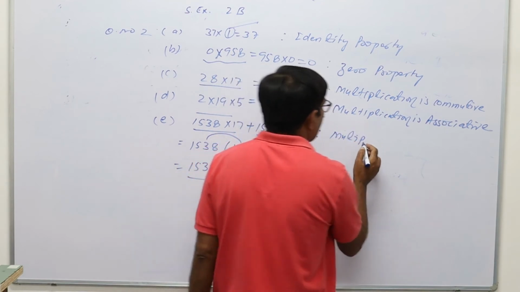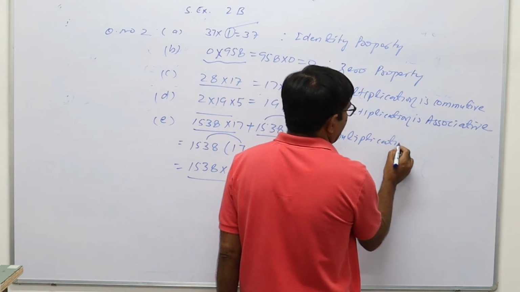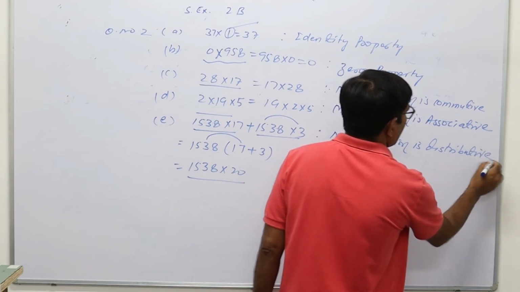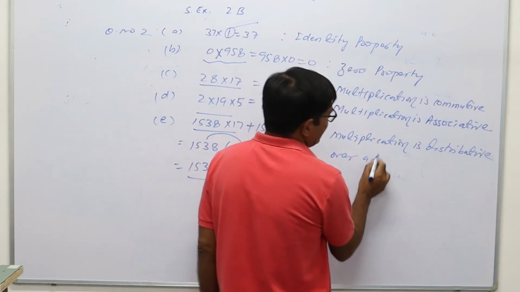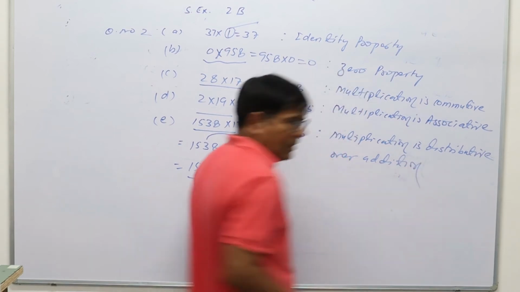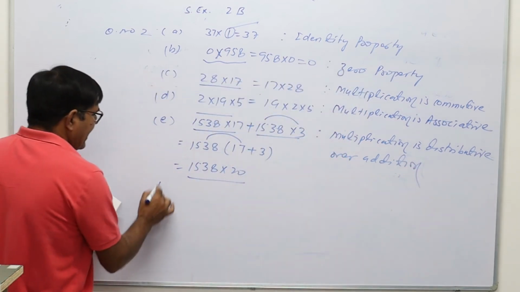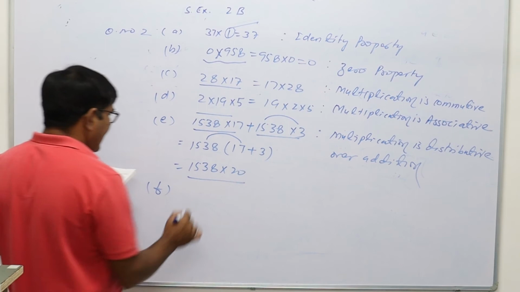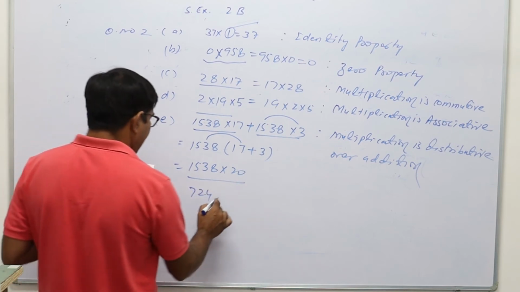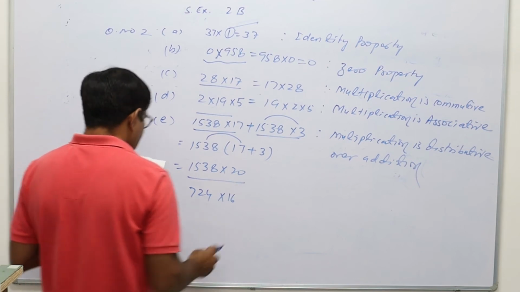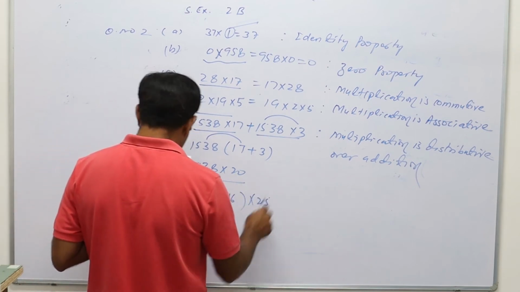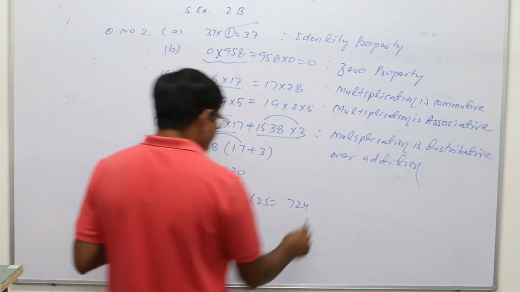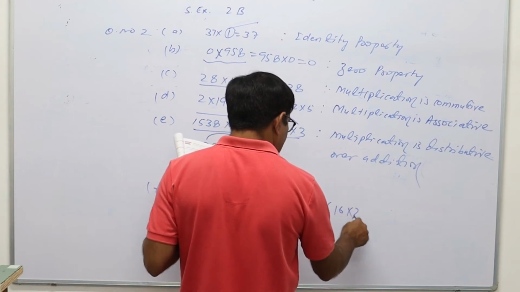Multiplication distributive over addition. Now next question, F: 724 multiplied by 16 multiplied by 25 is equal to 724 into 16 into 25.